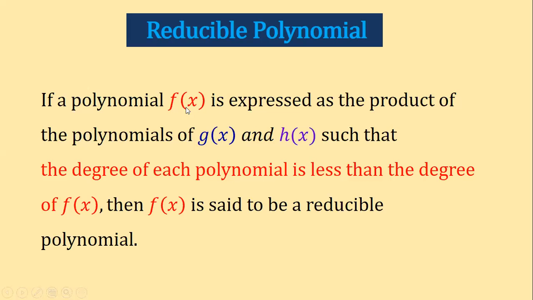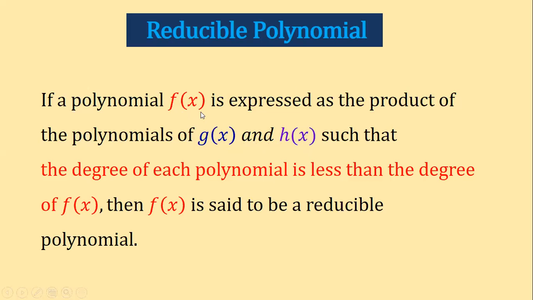So whenever a polynomial f of x is given to us, it should be reduced as the product of g of x and h of x. These two are also polynomials.